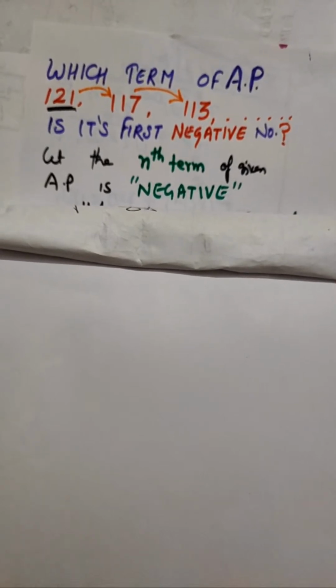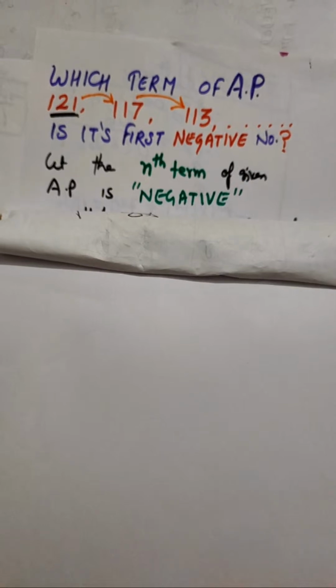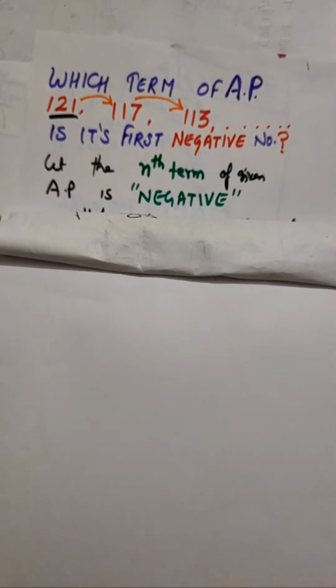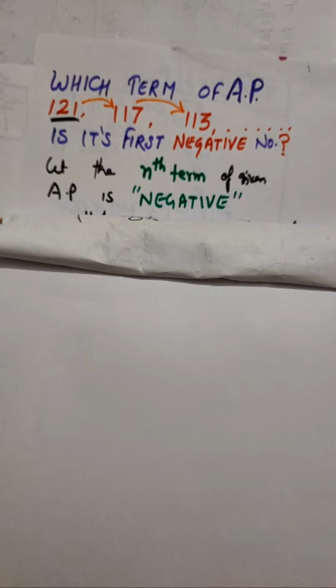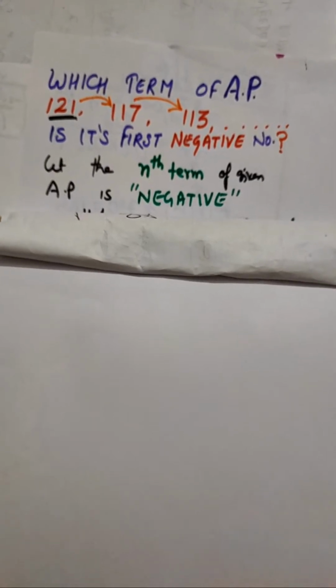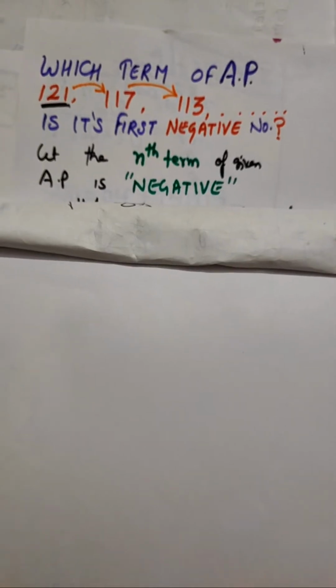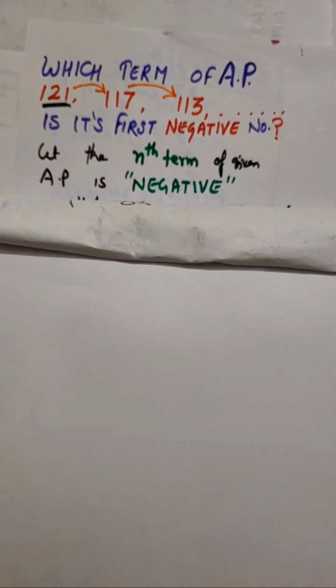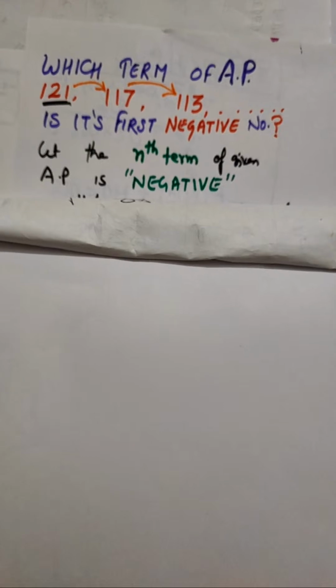We need to find the term of the number which is a member of the given arithmetic progression and is its first negative number, right?